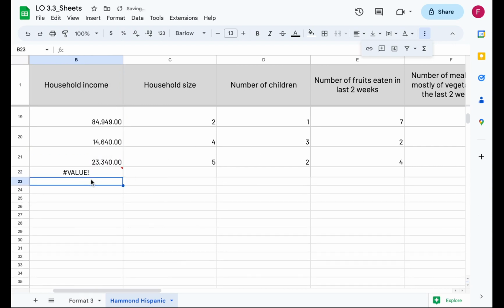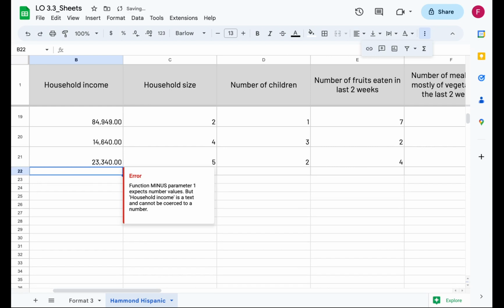You can see this is an error that is coming up because it doesn't understand that command. So the subtraction works in a different way from the addition. So you want to be specific in which figures or values you're trying to subtract from.